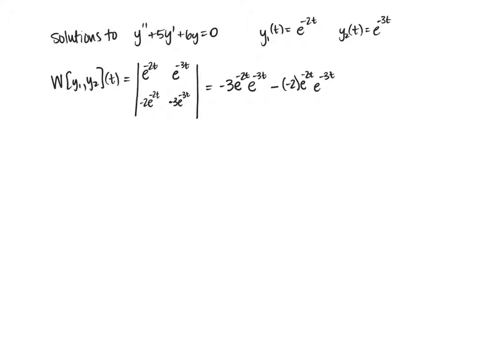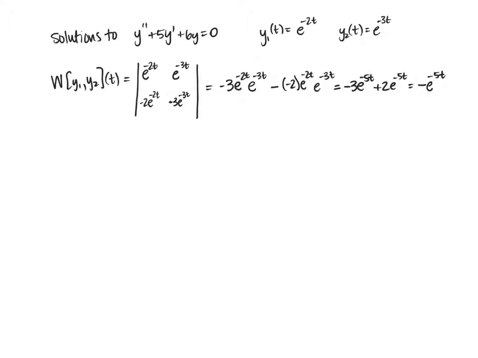And so I get out of that negative 3e to the minus 5t plus 2e to the minus 5t, which gives me negative e to the minus 5t.